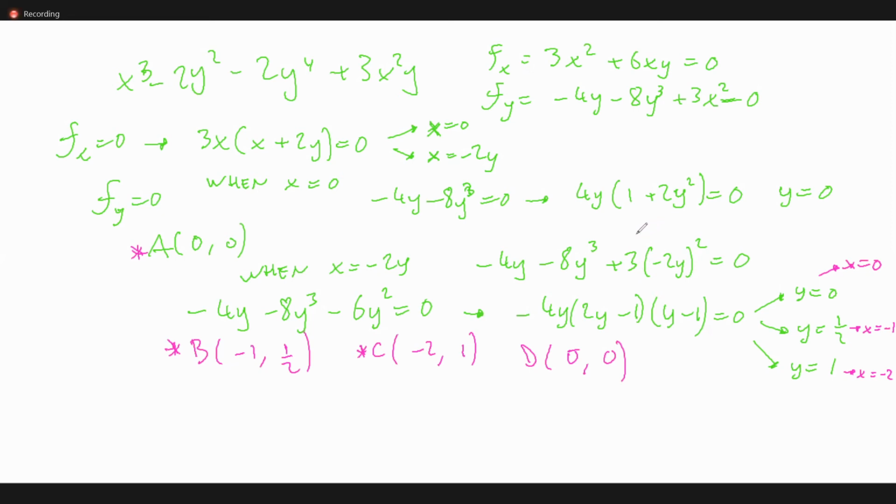So for the discriminant, we need to find first the second order derivative with respect to x, which is 6x plus 6y, and the second order derivative with respect to y, which is negative 4 minus 24y squared.